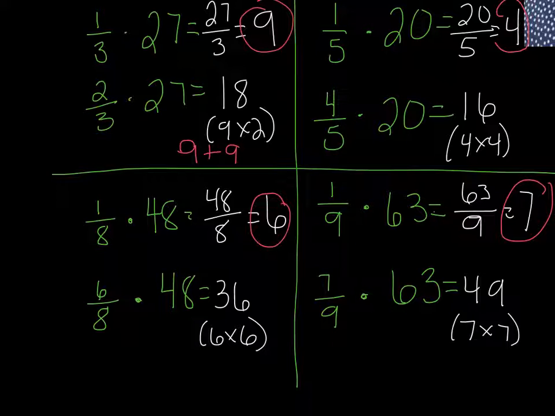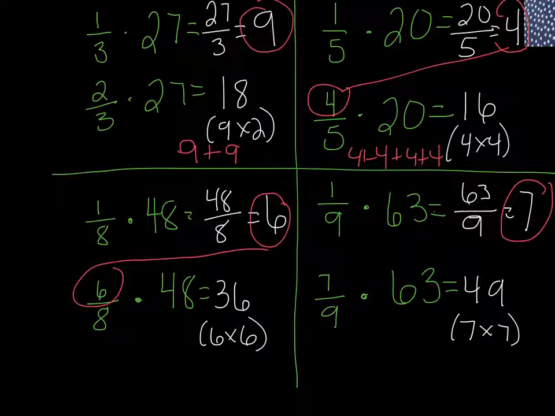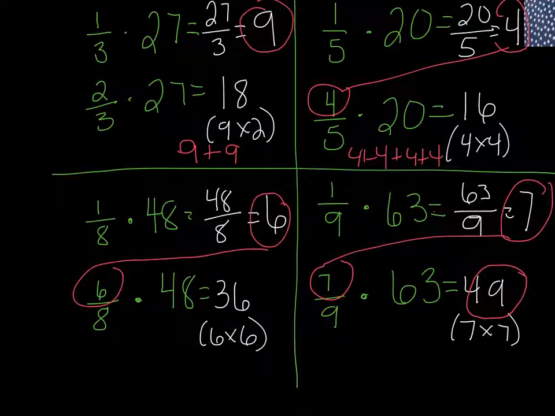In the next box, you saw that 4/5 of 20 would be 16, because I took 4 and multiplied it by 4, because I'm really saying it would be 4 plus 4 plus 4 plus 4. In the third box, we took 6 that we got as the 1/8 of 48, and then multiplied that by 6. So we had 36. And finally, 7/9 of 63 would be 49, because 7 times 7 is 49.